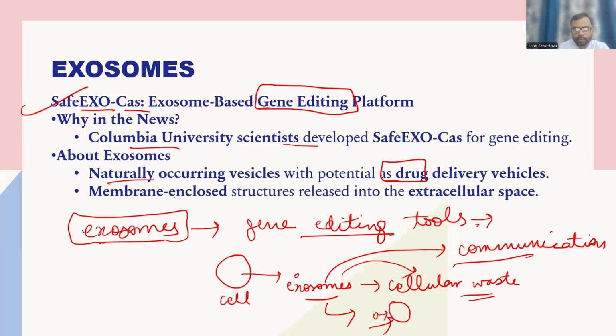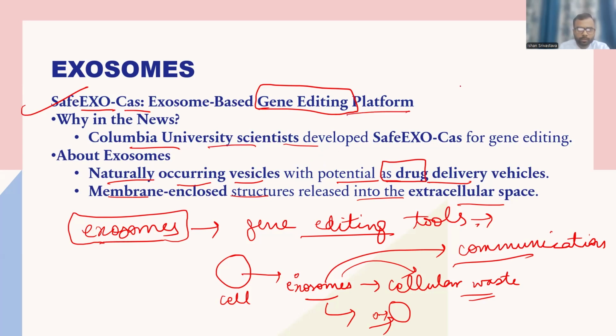This is the meaning of exosomes: they are naturally occurring vesicles which are potentially used as drug delivery vehicles, and they are membrane enclosed structures which are released into the extracellular space. So you can use them for delivering drugs or gene editing tools. This concept was in the news because of this new platform that has been developed by scientists from Columbia University.